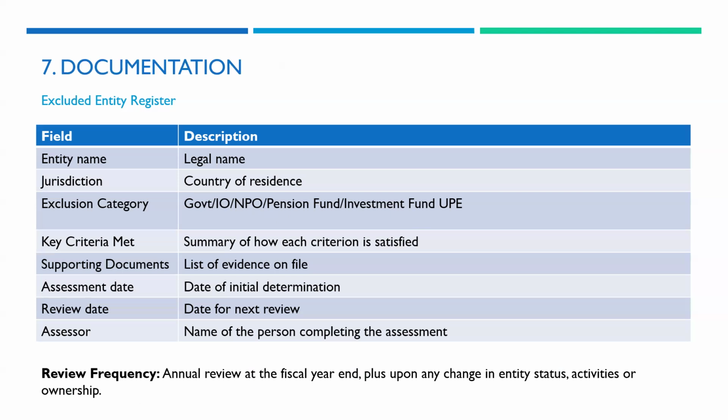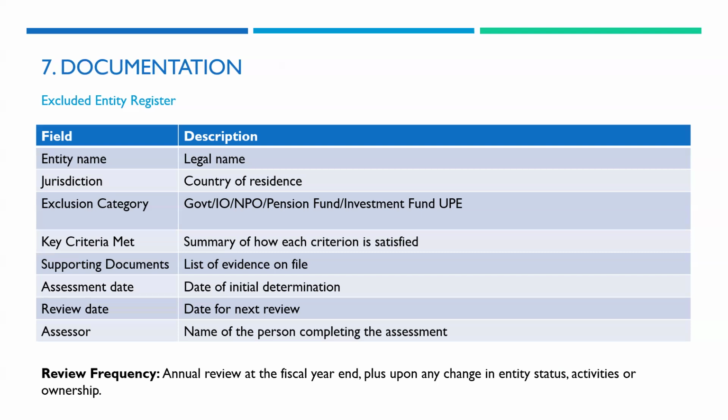What you have to understand is there are 5 excluded entities. The government, but not if the government is trading or competing with the private sector. Then there are international organizations which have an international treaty with the governments. Then there are not-for-profit organizations, which have to satisfy all 5 conditions.